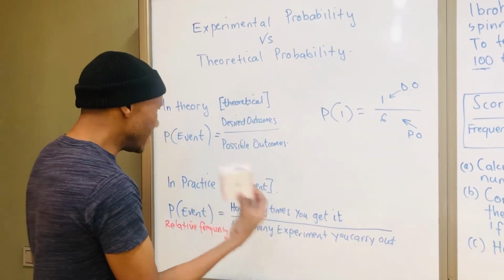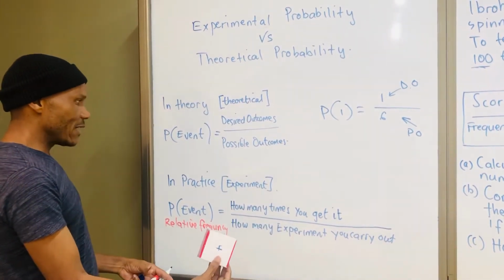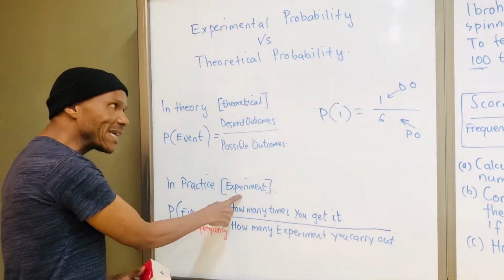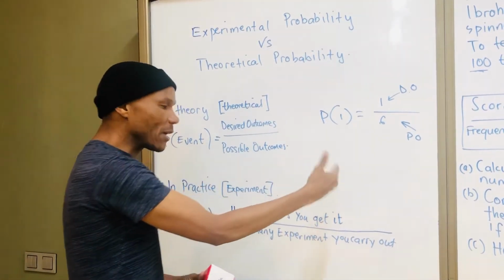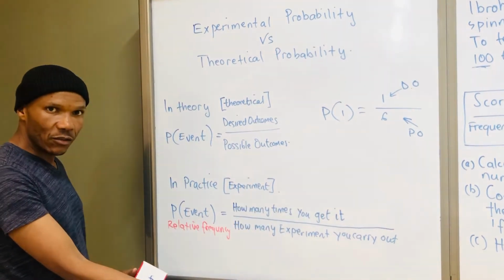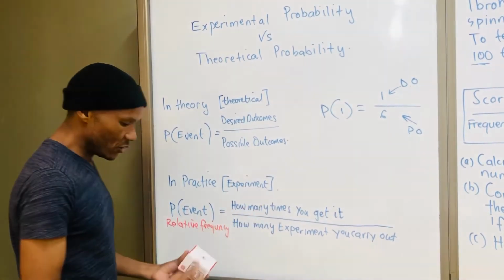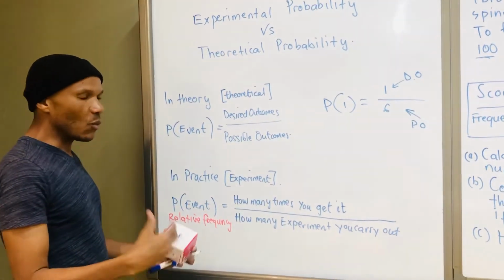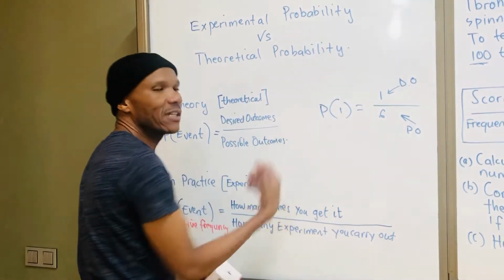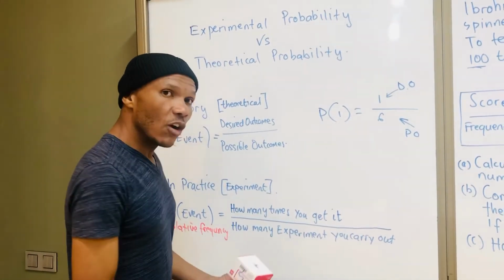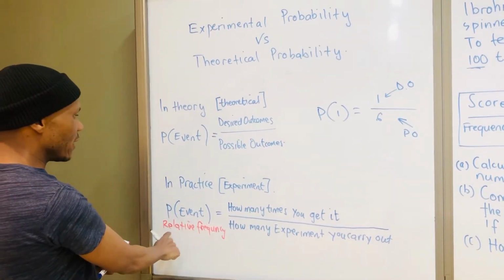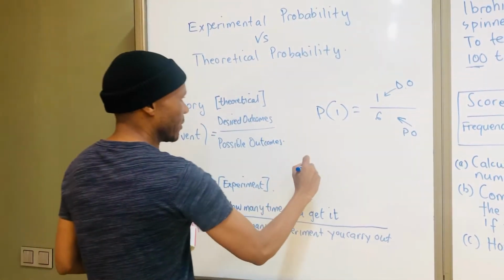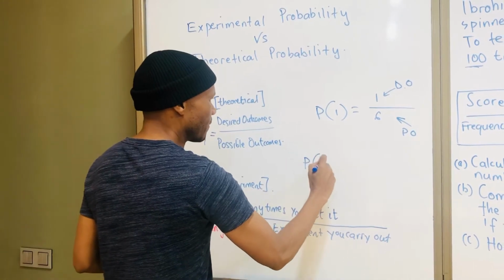If this is a dice and I want to make an experiment of how many times I am going to get a 1 when I throw, let's see what's going to happen, whether you are going to get a 1/6. So here, let's just do an experiment.